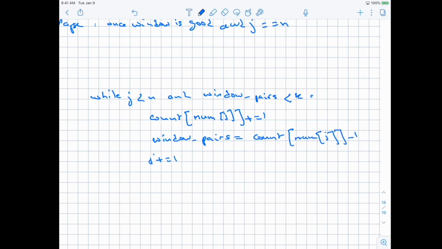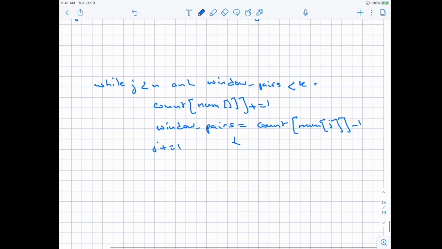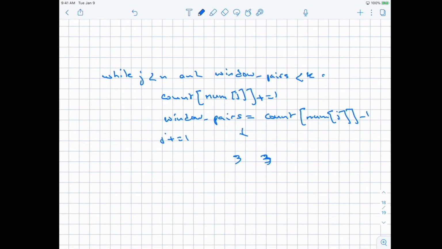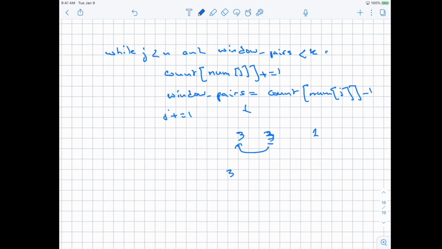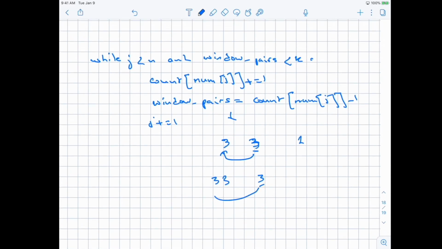Why minus 1? Because let's say here we had just 1 3 and we found a 3. Then now the count is 2, but the number of pairs is just 1 because this one gets paired with this one, so just 1. Now what if we had 3 3s and then we just have a new 3, right? So we pair it with this one, and this one, and this one.